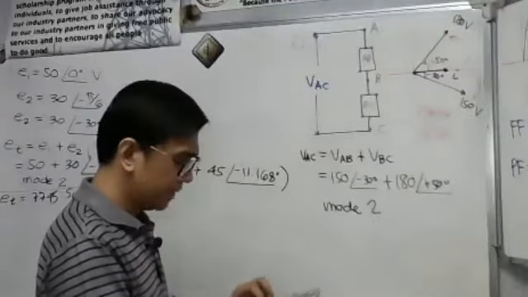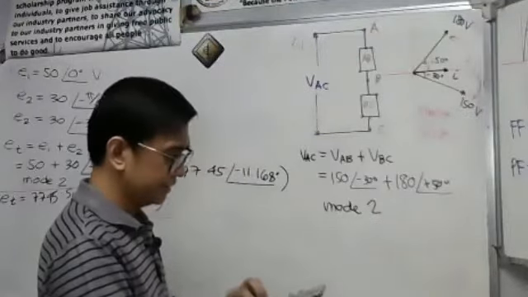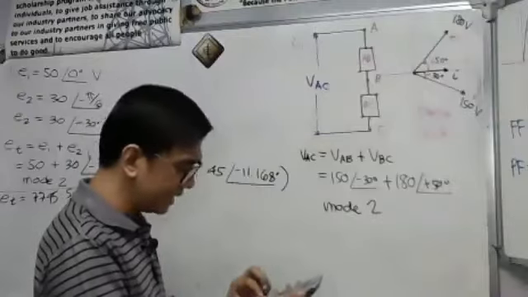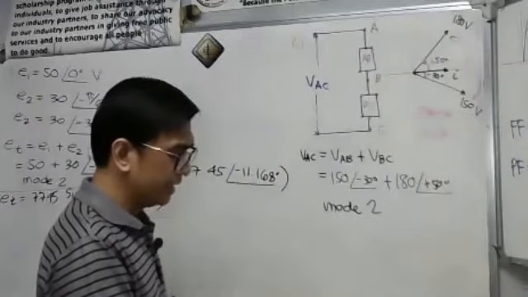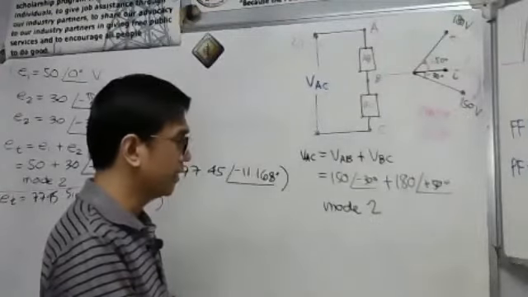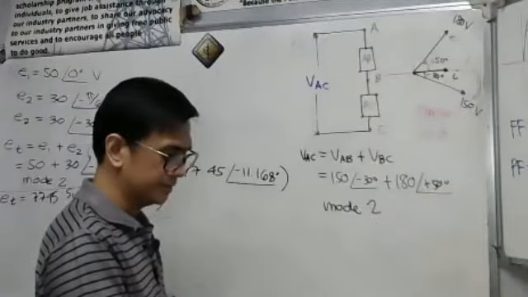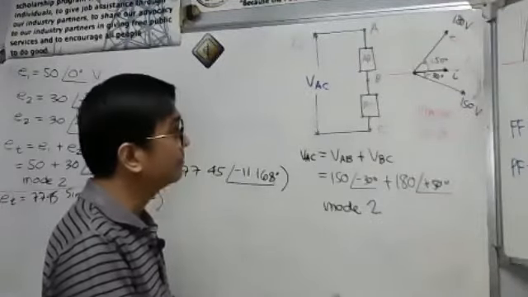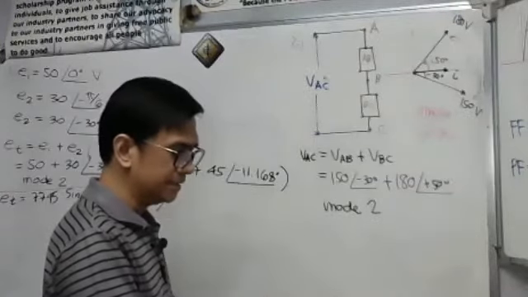So we have negative 30, then plus 180, then shift, the angle symbol, positive 50. Okay, so that is equals.